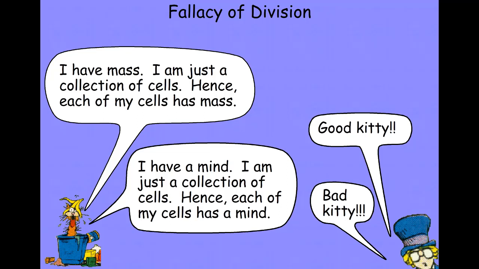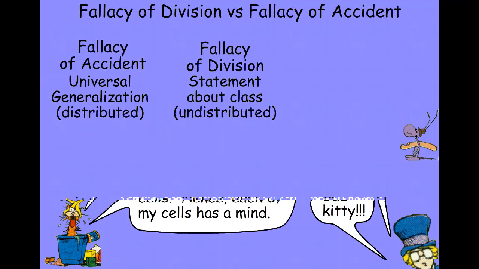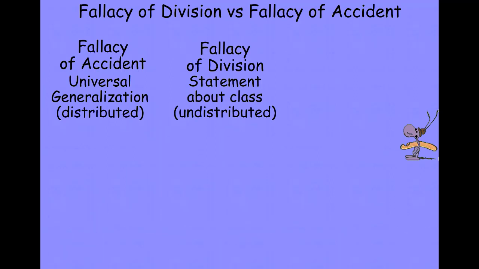Again, these relationships are usually implicitly assumed. This property is had by the whole, hence it must be had by the parts. And we can distinguish between fallacy of accident and fallacy of division, again, drawing on that distinction between collective and distributed predications.